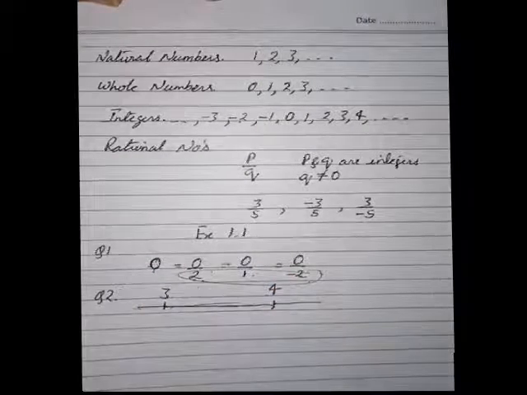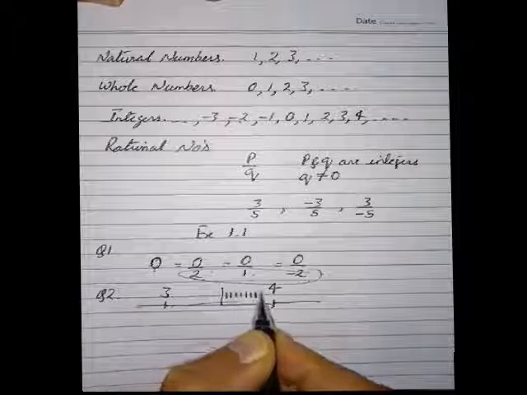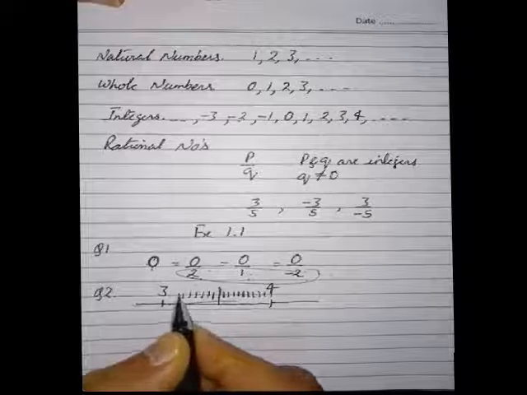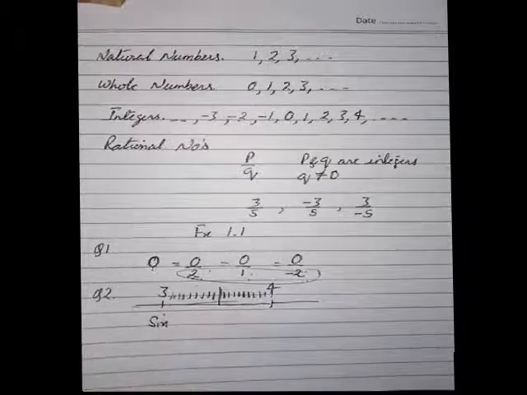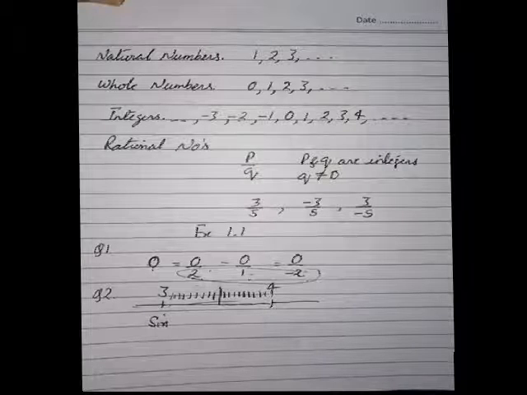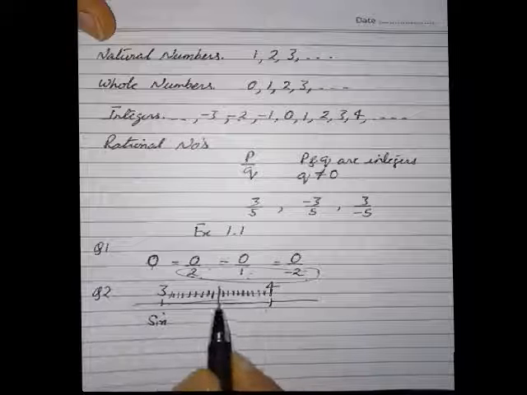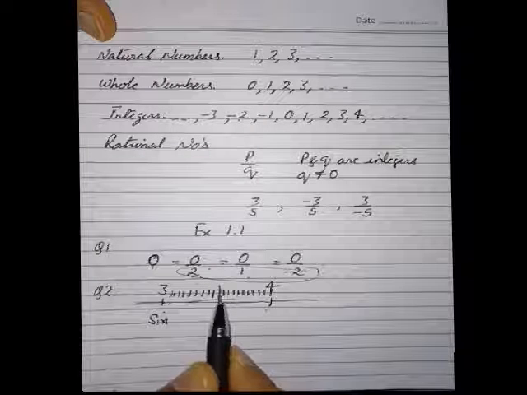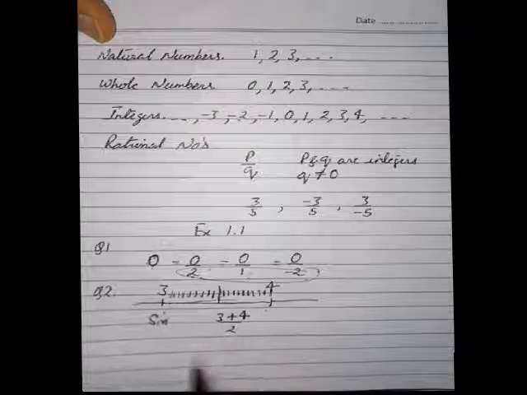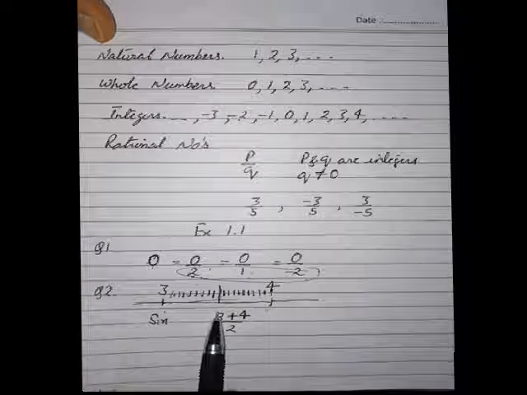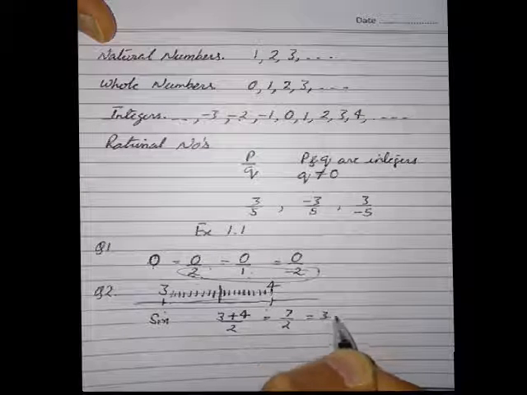There are infinitely many numbers lying between 3 and 4, and the question asks for only 6. The point at the mid of 3 and 4 can be calculated by adding 3 plus 4 and dividing by 2, the mean of 3 and 4. We get 7 upon 2, that is 3.5.